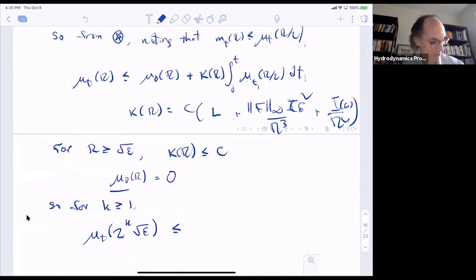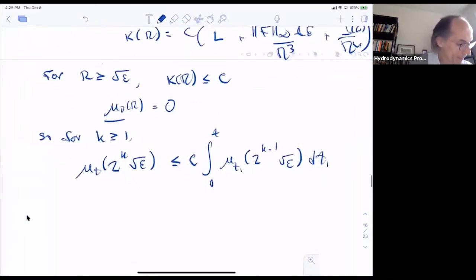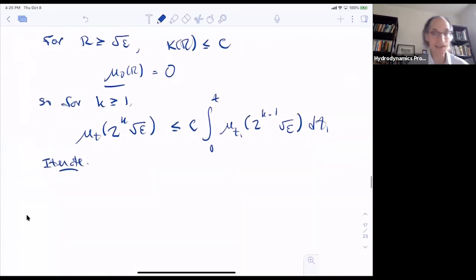So this is 0 plus a constant times the integral from 0 to t of mu_{t1} of 2 to the k minus 1 times the square root of epsilon dt1. Good. And so now let's just iterate. And this is a nice proof. I like this proof. This is due to Marchioro and Pulvirenti.